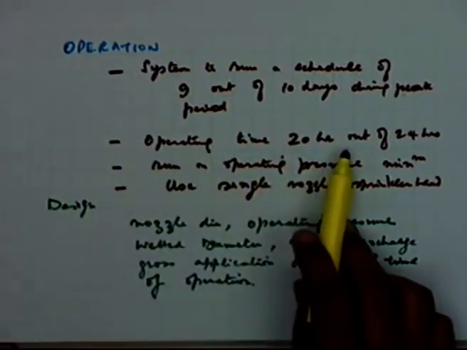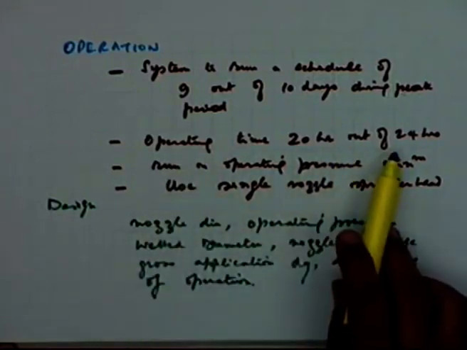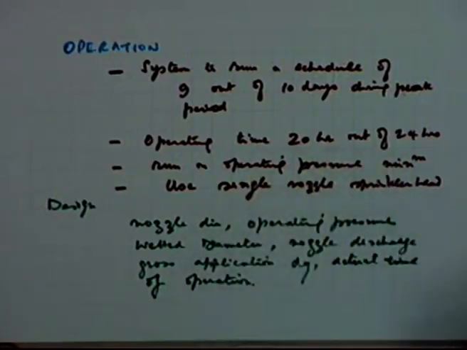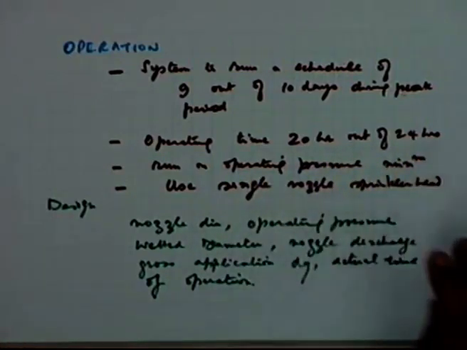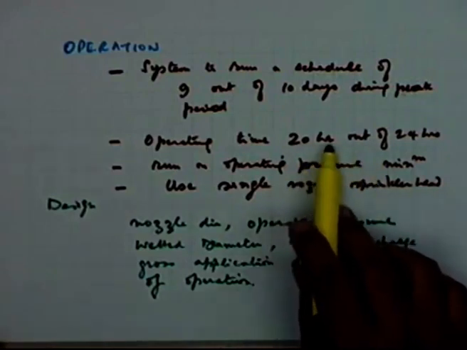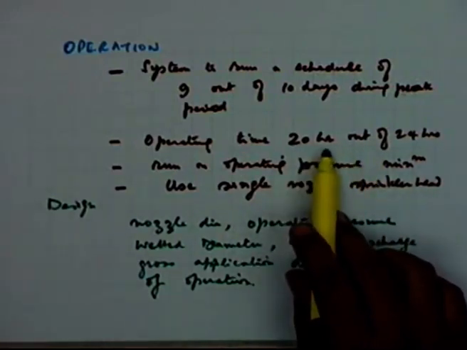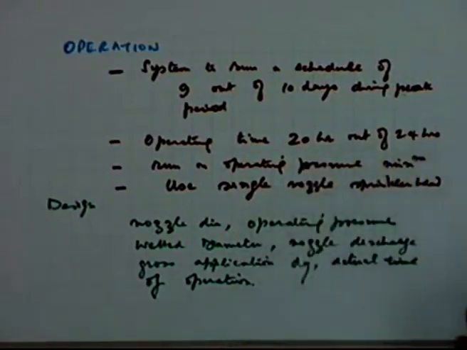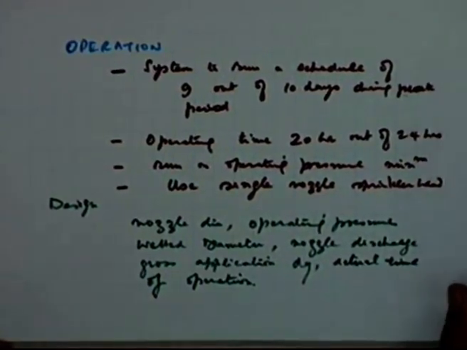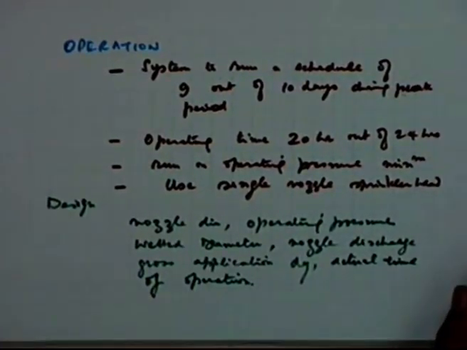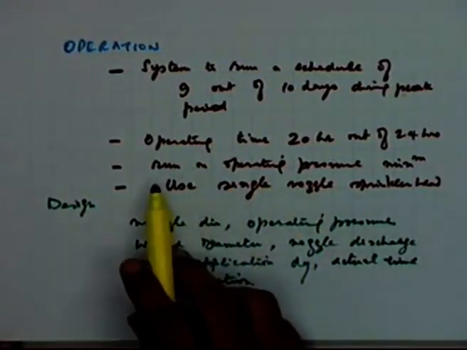Then in terms of the number of hours available in a day for which you can perform the operation of the sprinkler system, is 20 hours out of the 24 hours. For these many hours you can have the sprinkler system on, and these 4 hours is kept for the moves, or if you have a system where you might be removing the pipes and going to the next set, that time is required.